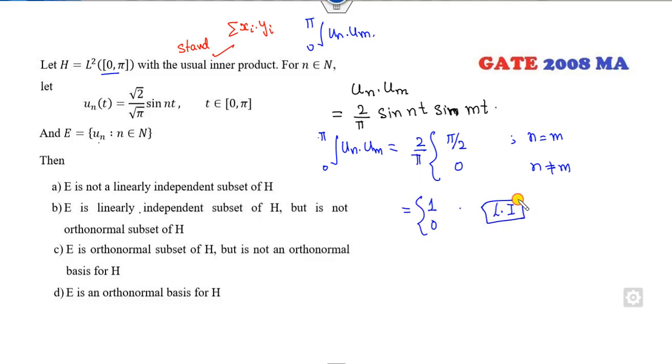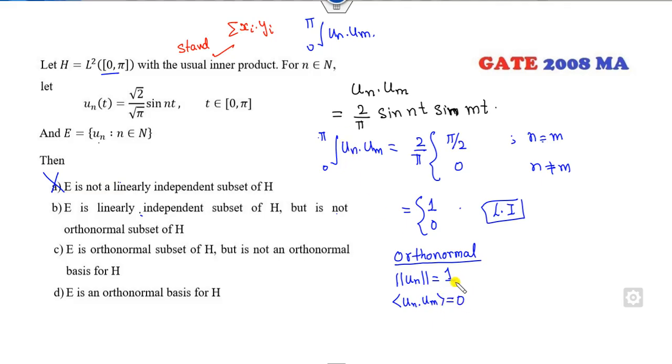They are linearly independent, so the not-linearly-independent option is cancelled out. It's linearly independent, but is it orthonormal? What is the meaning of orthonormal? You have to satisfy two properties. First, the norm should be 1, and the inner product should be 0.